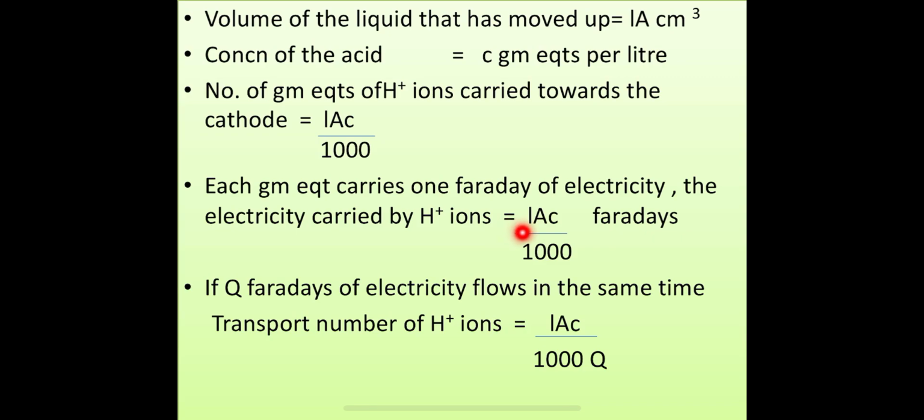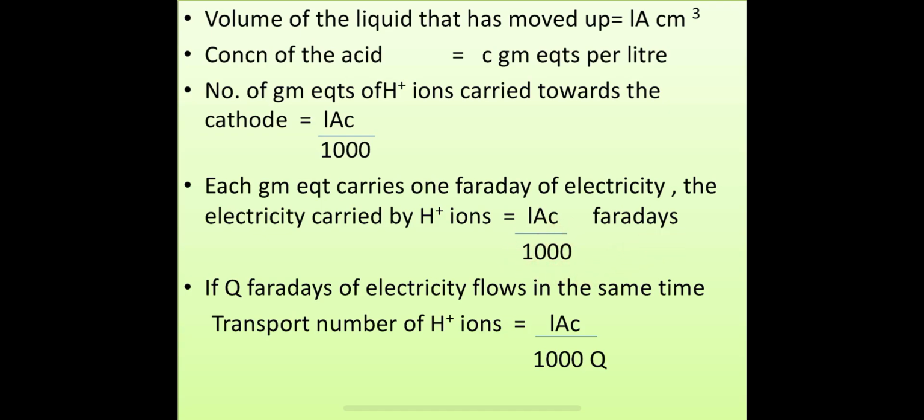Here L is the distance between the two solutions, hydrochloric acid and cadmium chloride, measured as the distance between the boundaries formed due to these two solutions, called the length L. A is the cross-sectional area of the tube, and C is the concentration.